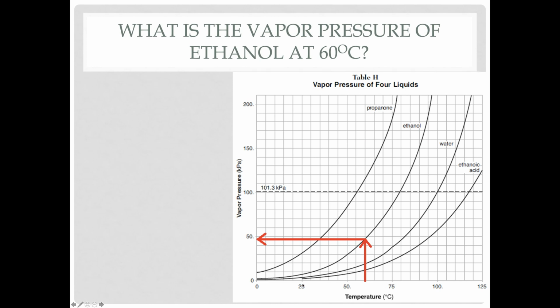Well, if you notice on the x axis, every square represents 5 degrees Celsius: 50, 55, 60, 65, 70, 75. So 60 degrees Celsius is here. And if we move up to the line for ethanol and then shoot over to the y axis, what would that reading be?